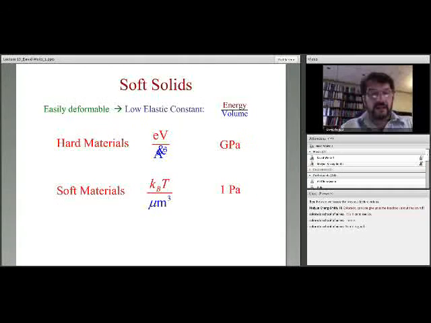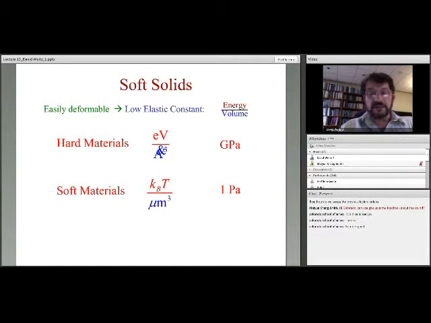And that is, in fact, the essence of the difference between soft materials and hard materials. Soft materials have elasticities of order pascals or fractions of a pascal, as we just calculated, whereas hard materials have elasticities that are much, much larger, basically not because of the interaction energy. The elasticity is just given by the interaction energy divided by the volume of the interacting particles.